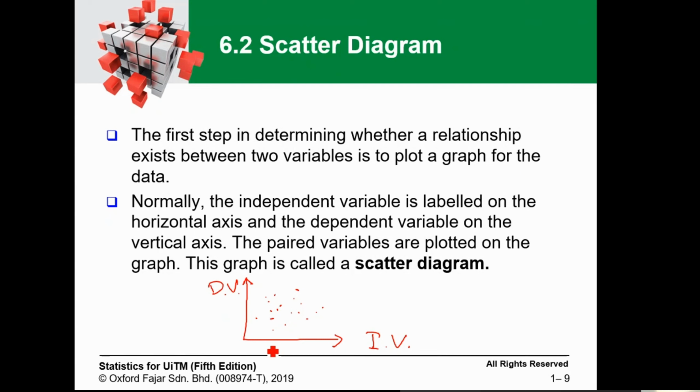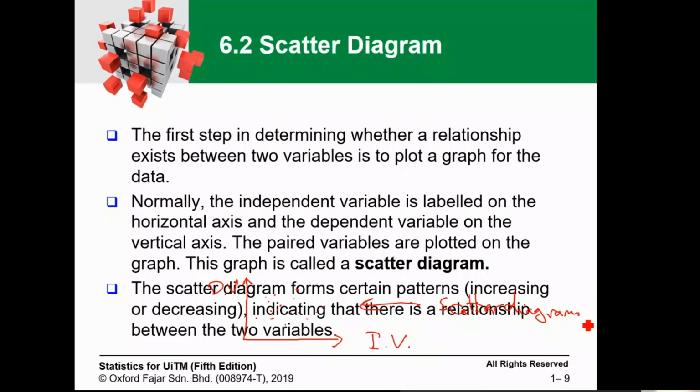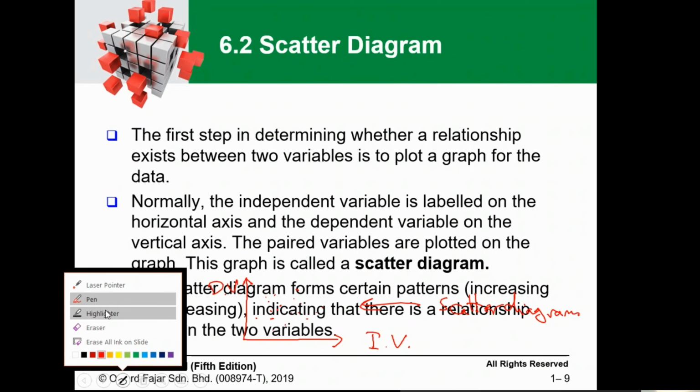So normally the independent variable is labeled on the horizontal axis, and the dependent variable is on the vertical one. The paired variables are plotted on the graph. This graph, as we mentioned, we call the scatter diagram. So the scatter diagram, let me just clear here to be able to read the rest of the slide.